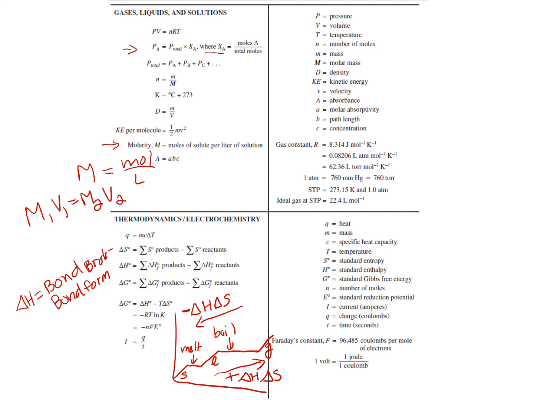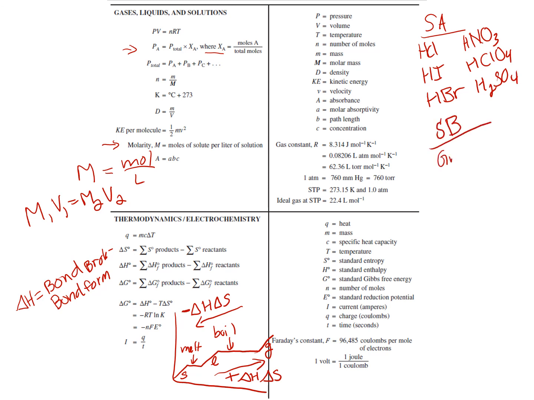So maybe next to your acid-base stuff, you could add the strong acids that are HCl, HI, HBr, not fluorine, HNO3, HClO4, and H2SO4. Your strong bases, you can remind yourself any group 1 or 2 metal, plus your hydroxides to balance the charge, okay? Any group 1 or 2.